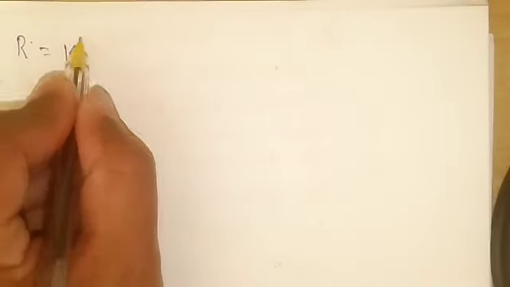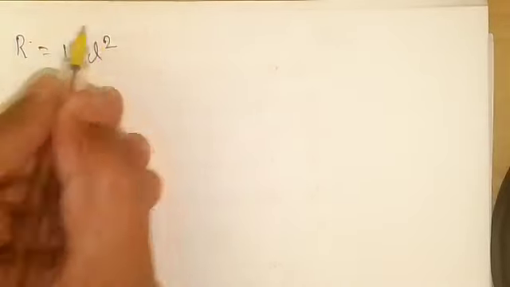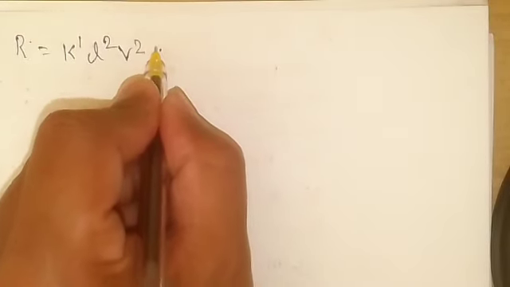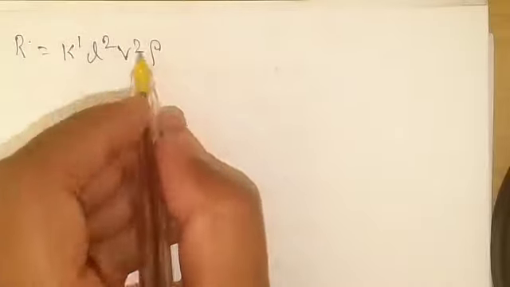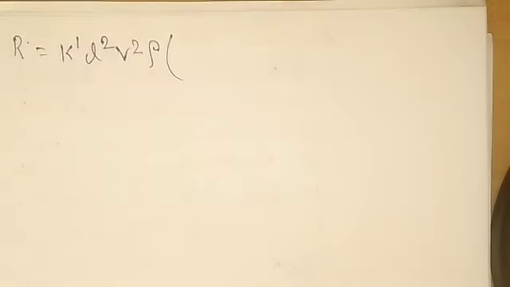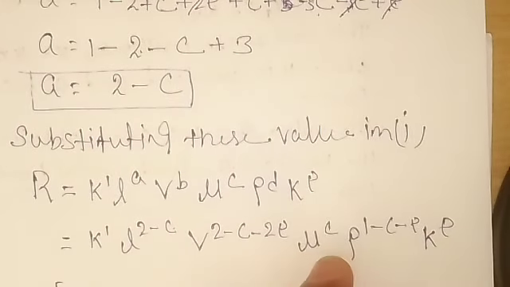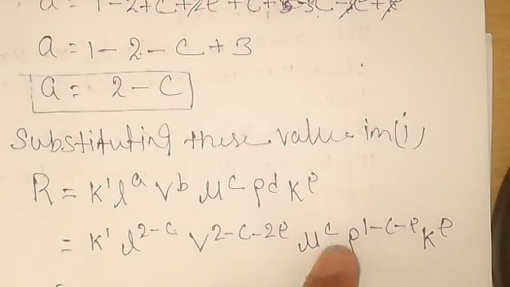So this is what you have, R is equal to k prime, right, L to the power of 2, V to the power of 2, and rho, right? So what we have here, as I have taken 2 from this common, is minus c and mu to the power c, right, and this is rho to the power minus c minus e, right? And then this is k to the power e.